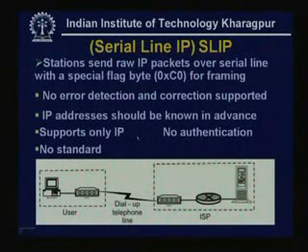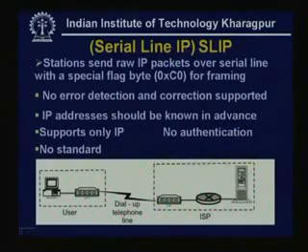We have discussed different types of LANs and WANs which are used in internetworking. Now, as I said, suppose a home user wants to use TCP/IP. How can you do it? By using a serial link, and that can be done by using Serial Line IP or SLIP.